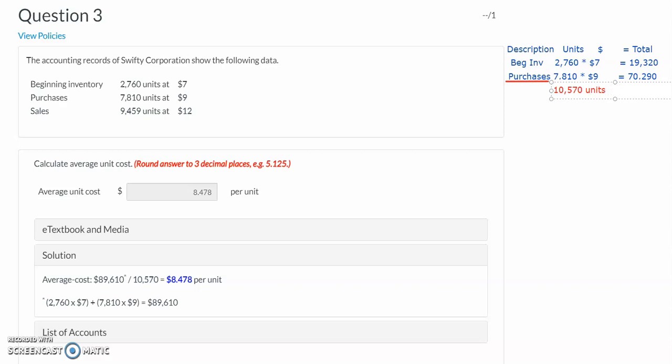And these units cost us in total, if we add up both of these amounts, $89,610. So that's going to be our total cost for these units.